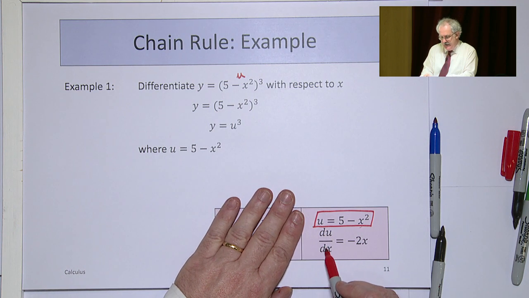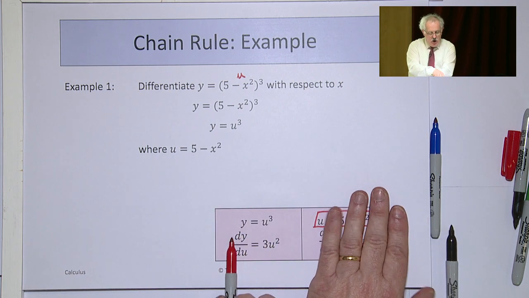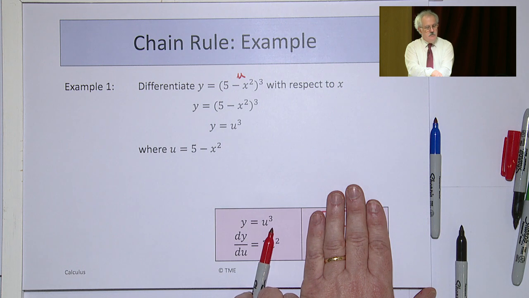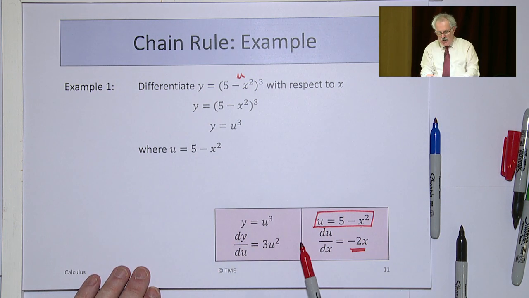What's du/dx then? Minus 2x. But the other part of this is y is u cubed. What's dy/du? 3u squared. So now we have a box here that gives us the dy/du, du/dx, etc.